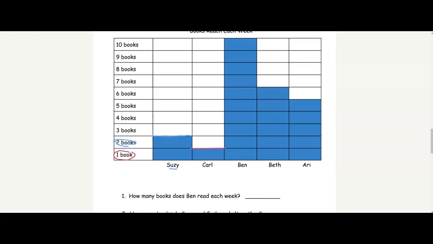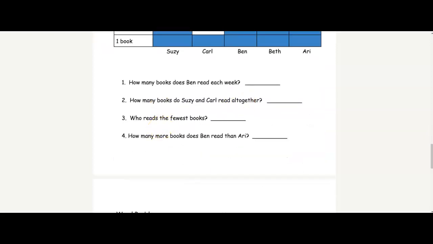So we can just do 2 plus 1, which equals, what does it equal? 3. So in total, Susie and Carl read 3 books altogether.